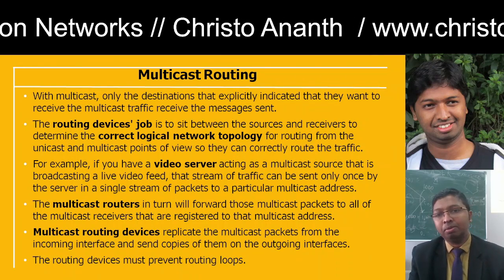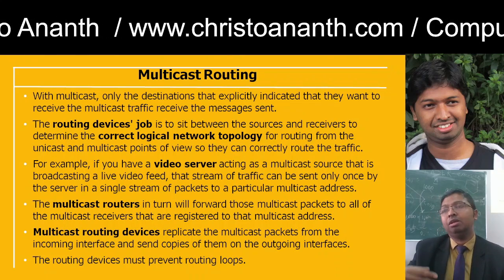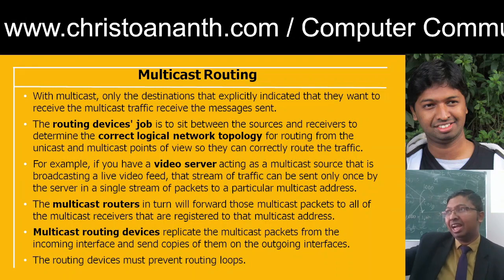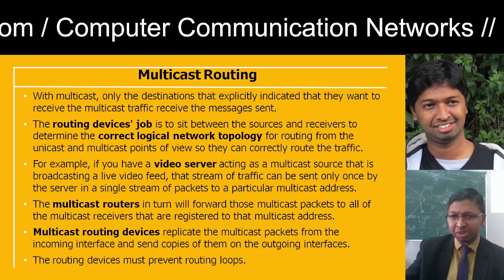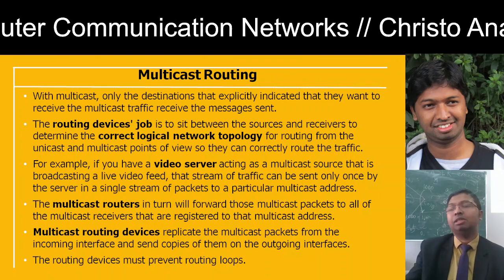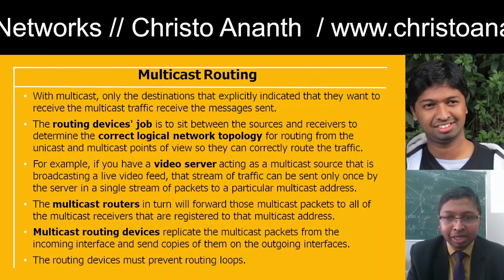If you have a video server acting as a multicast source, broadcasting a live football or cricket match and so on, the stream of traffic can be sent by the server as a single stream of packets to a particular multicast address.